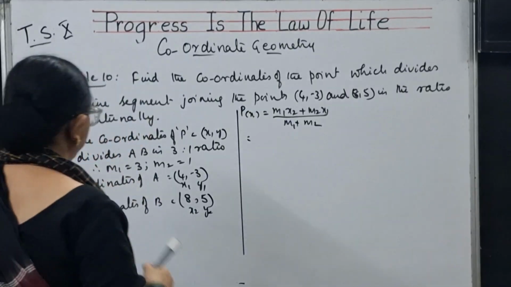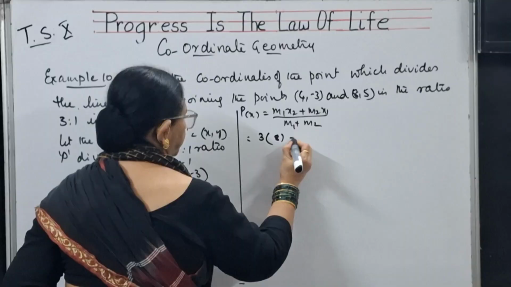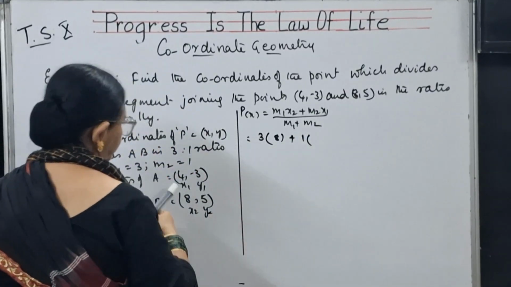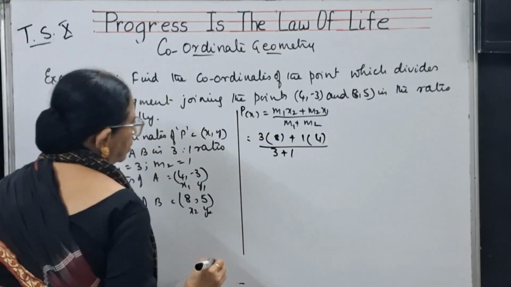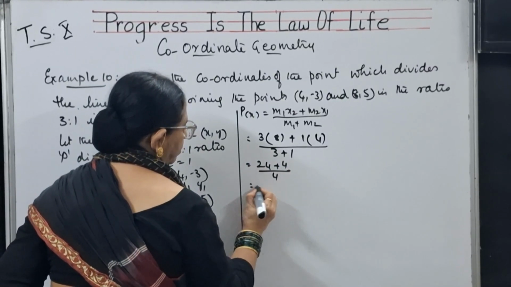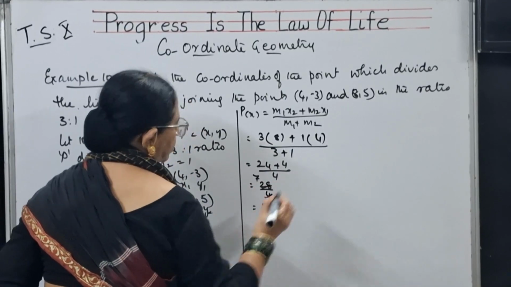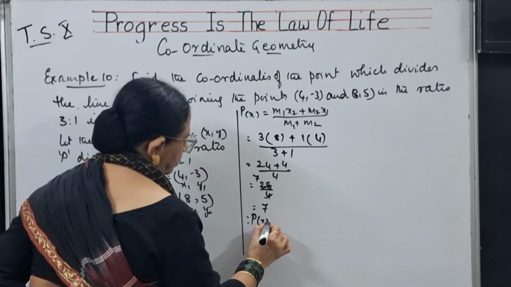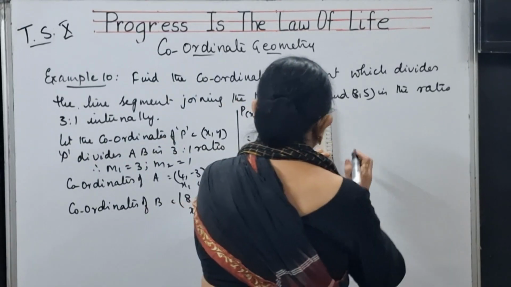What is m1 we have got? 3 into x2, 8, plus m2 is 1 into x1, 4, by 3 plus 1. That is 24 plus 4 by 4, 28 by 4, 7. So P of x is equal to 7. Now go for P of y.